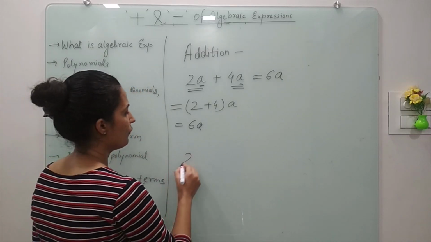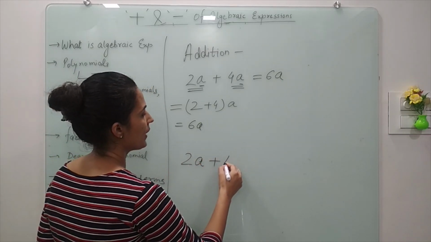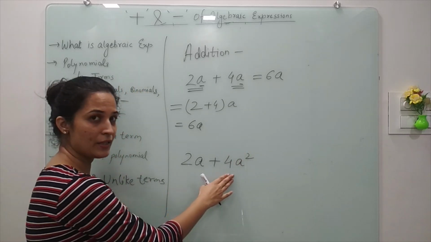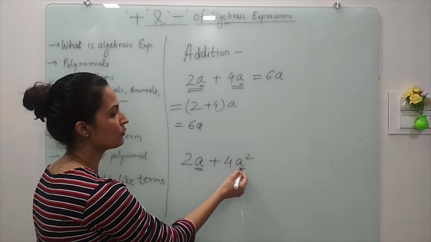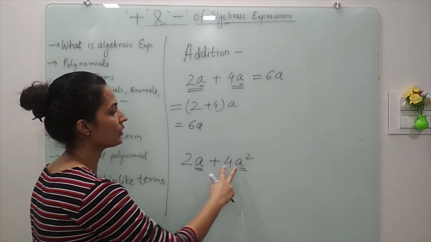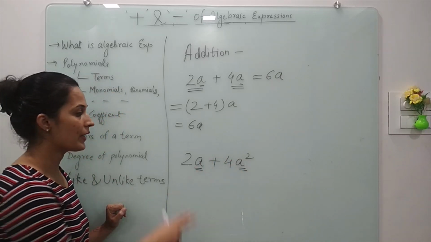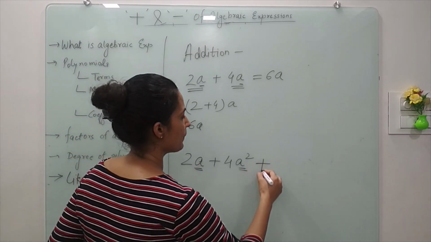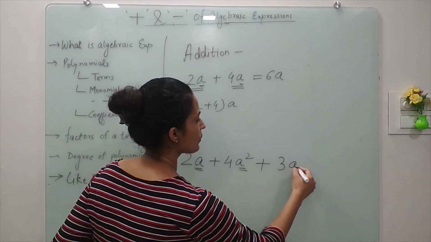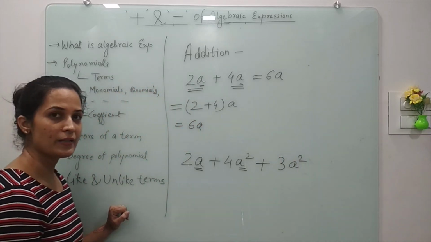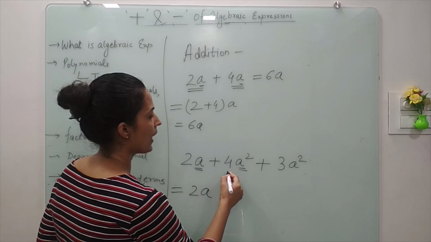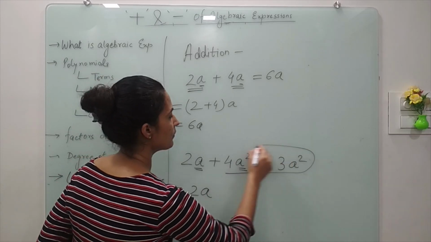But if I have 2a plus 4a square, I cannot add these two because the literals of the two terms are different. These two terms are unlike terms. I cannot add the unlike terms. But if I have, for example, here 2a plus 4a square plus 3a square, how can I simplify it? Again, I can add the like terms.